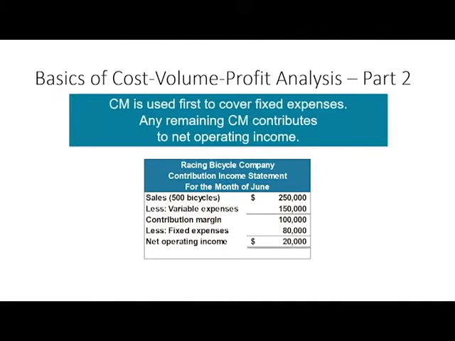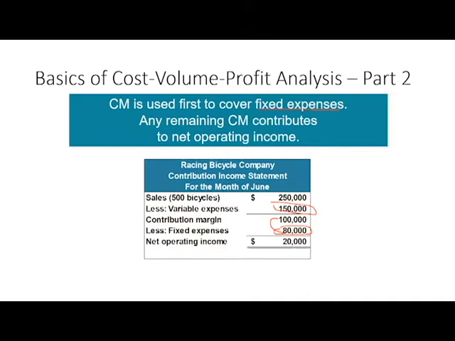Here, the CM is used first to cover the fixed cost, because we already deducted the variable cost, and the remaining will be used to cover the fixed costs. Any remaining CM contributes to the net operating income. So the balance after the CM minus the fixed cost will be the net operating income.